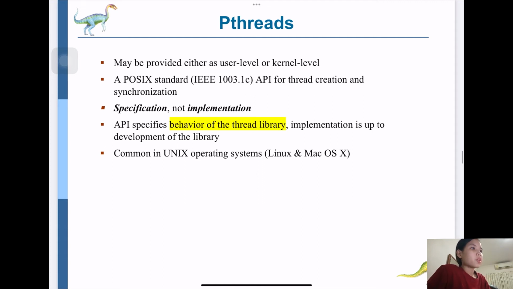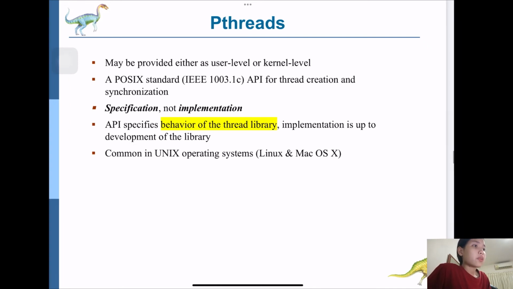Pthreads may be provided as either user-level or kernel-level. POSIX Pthreads is a specification, not an implementation. The API specifies the behavior of the thread library. Implementation is up to the developers of the library. Common in UNIX operating systems.